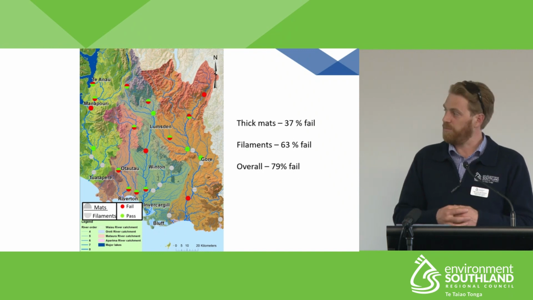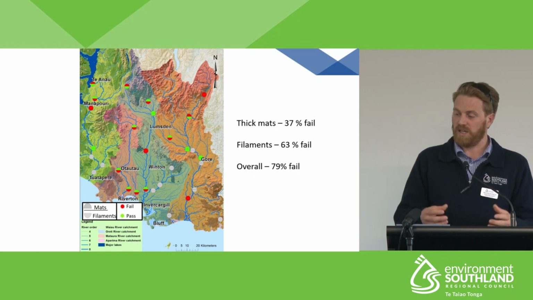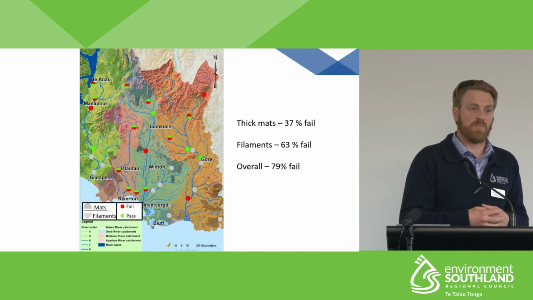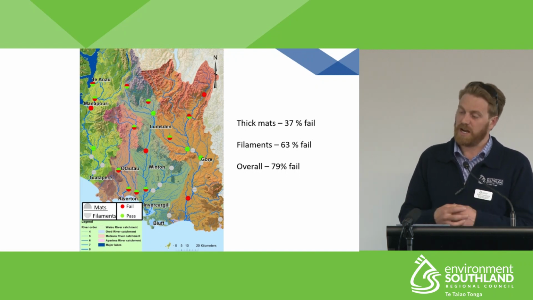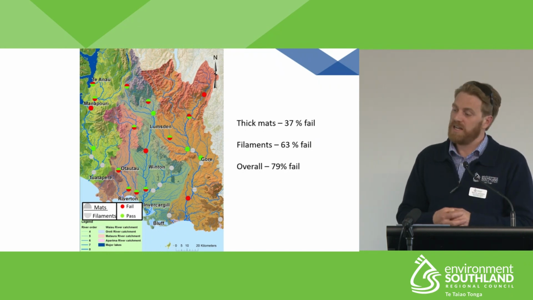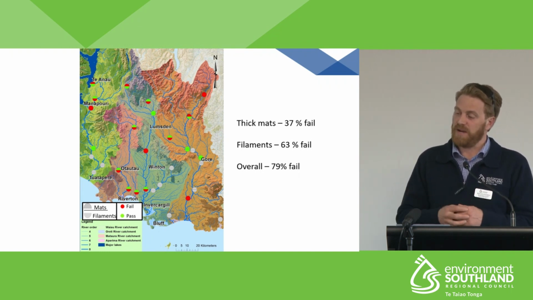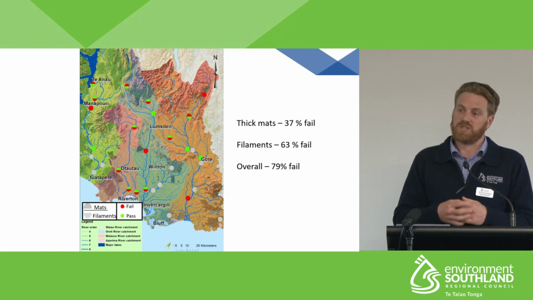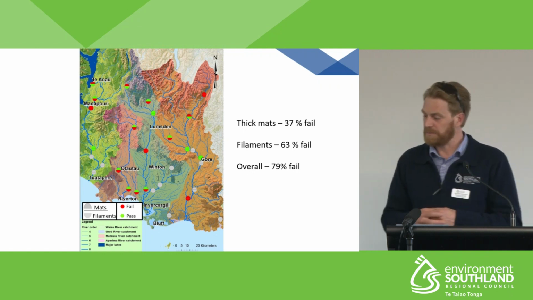Each monitoring site is represented by a circle, with the top half of the circle red or green for mat algae cover, and the lower half of the circle red or green for filamentous algae cover. Grey sites are excluded from the assessment where they are in the lowland soft bed classification. And I'll just note that for the Mataura, we have made the decision to extend the classification of hard bed sites and the respective standard to those that were appropriate.